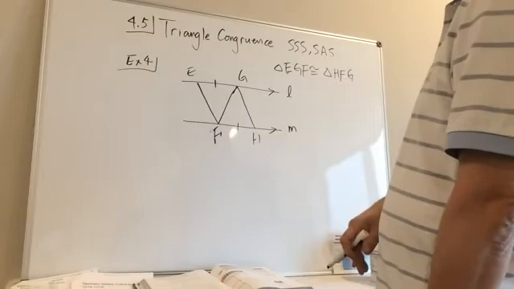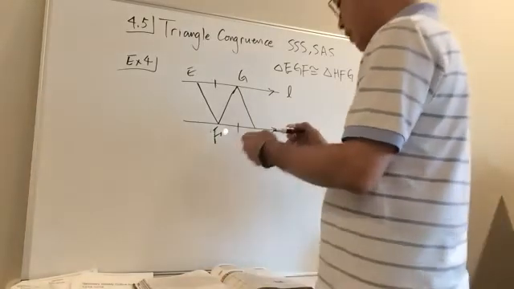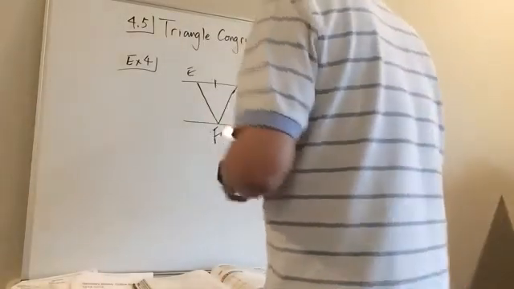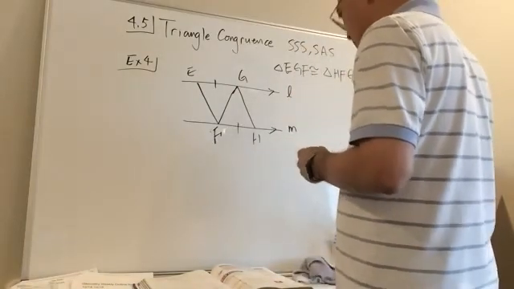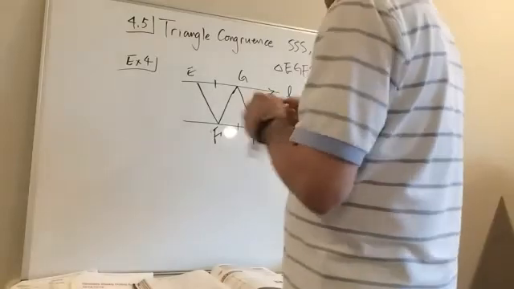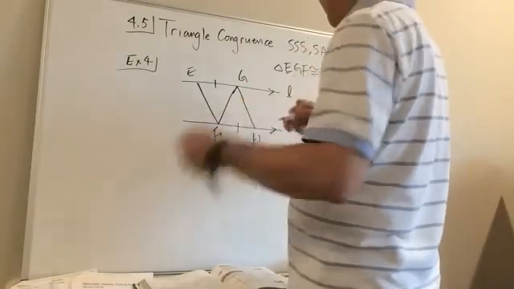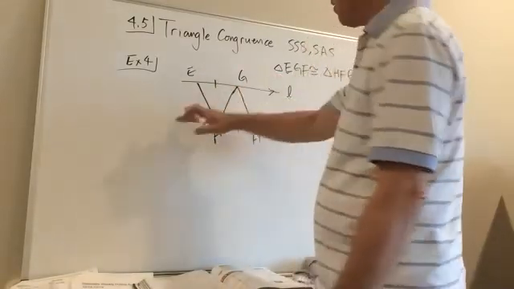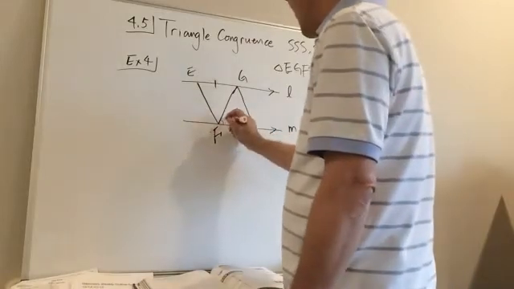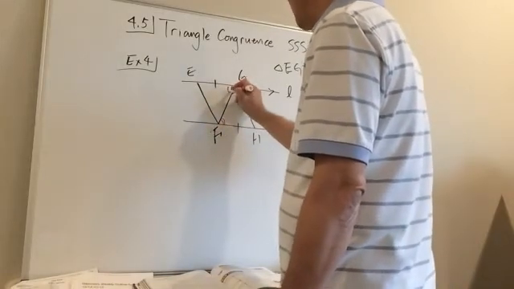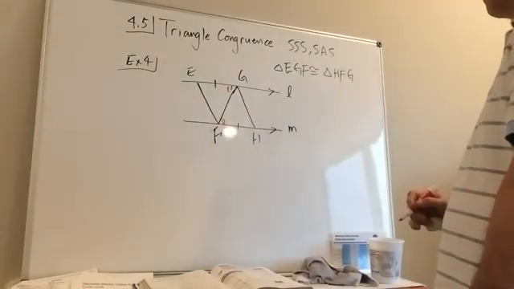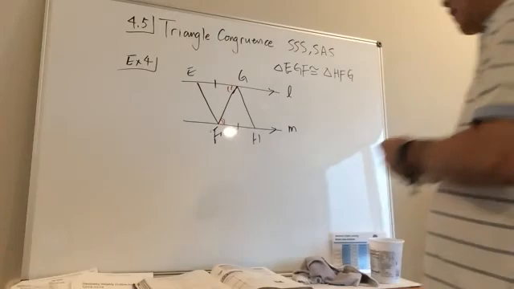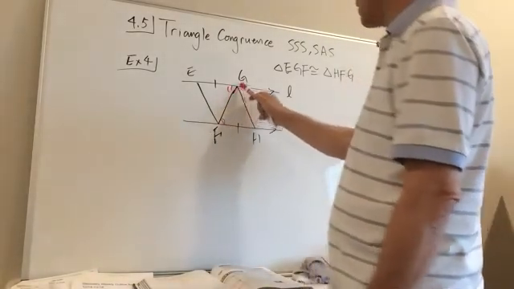Okay, so let's see if we do this. What do we know here? We know that since these two are parallel, I know that this angle and this angle are the same. They're congruent, right? And they're going to share this guy here.